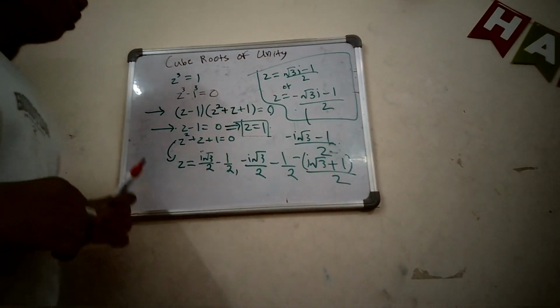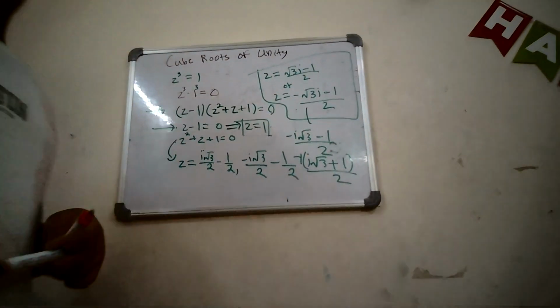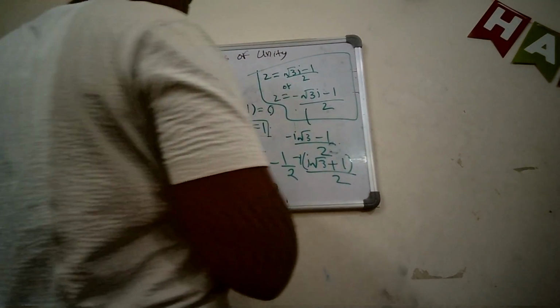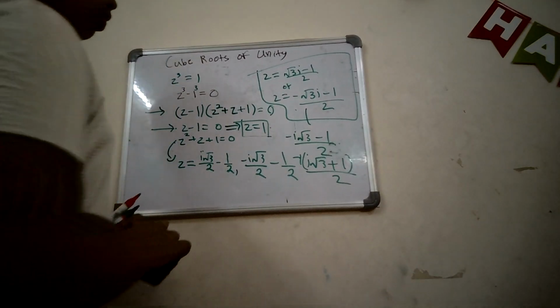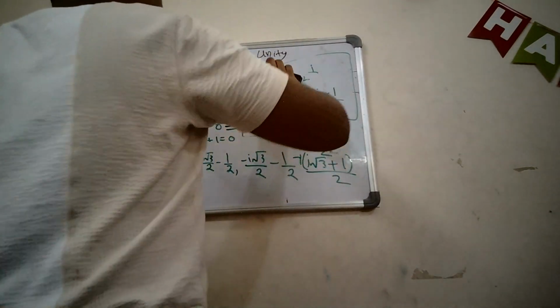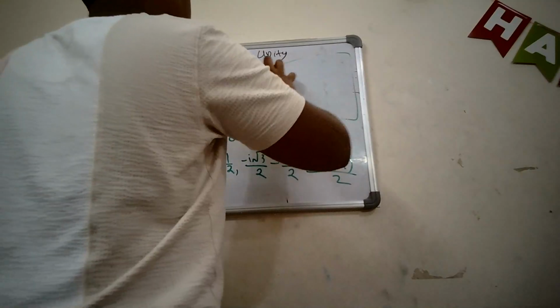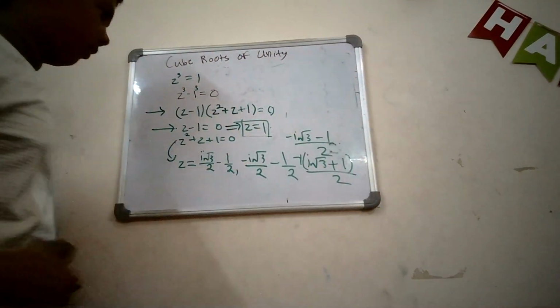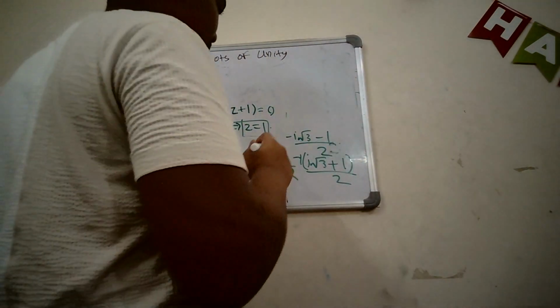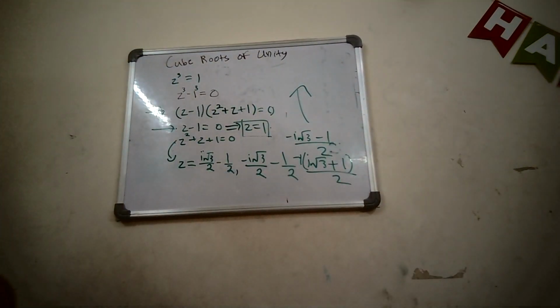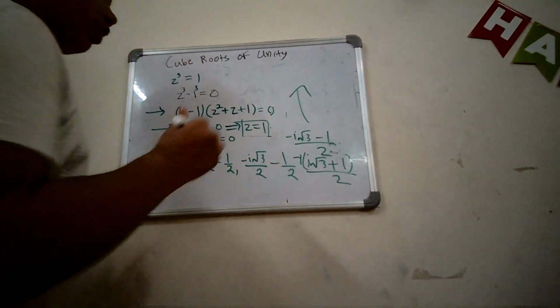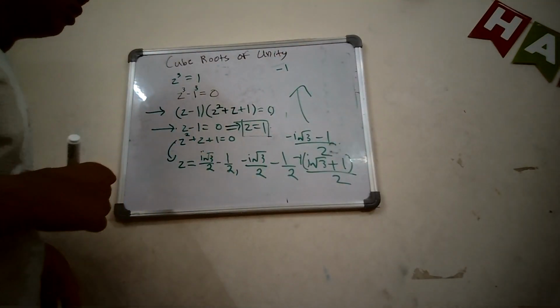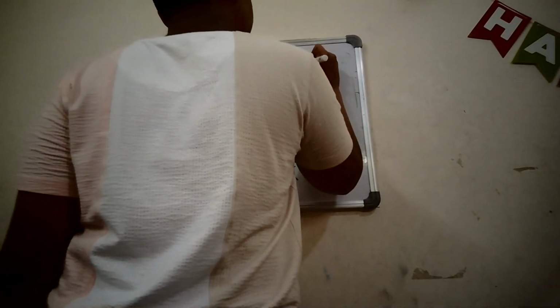Alright. So then, now we have negative 1 into this. Now let me just erase this for space. So in this case, we have negative 1 times i times root 3 plus 1 upon 2.